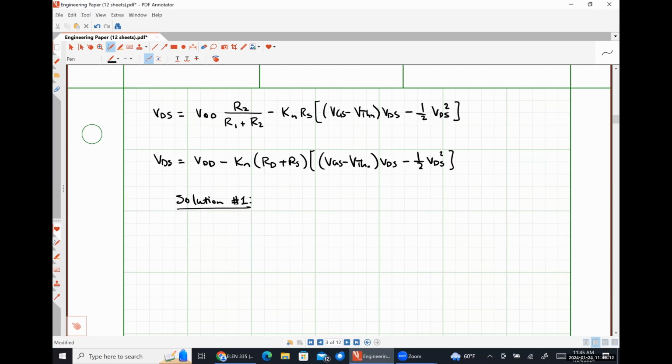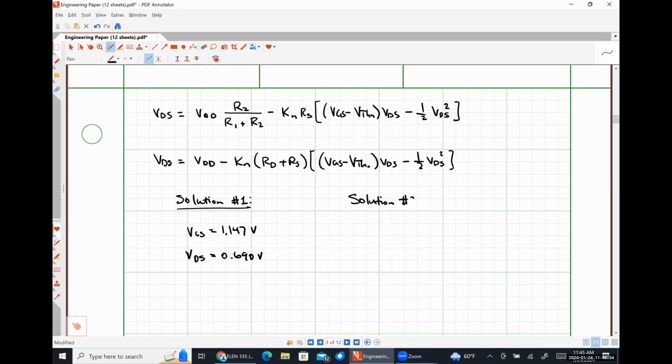Solution number one: we find that VGS is 1.147 volts and VDS is 0.690 volts.